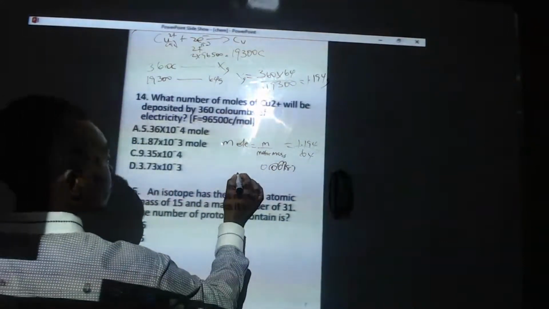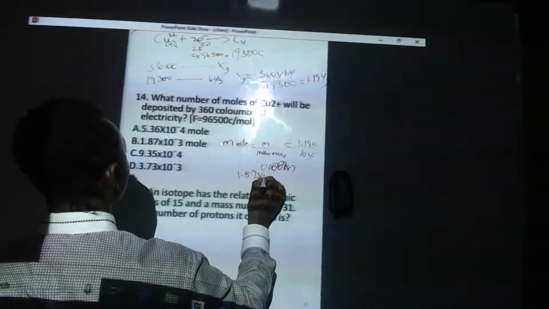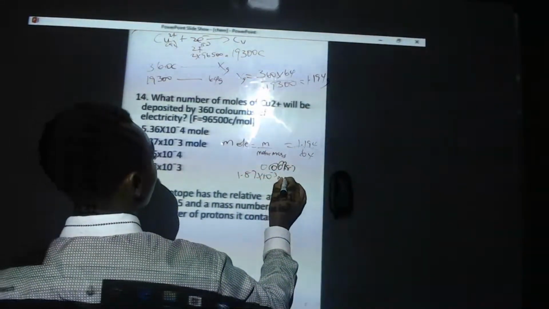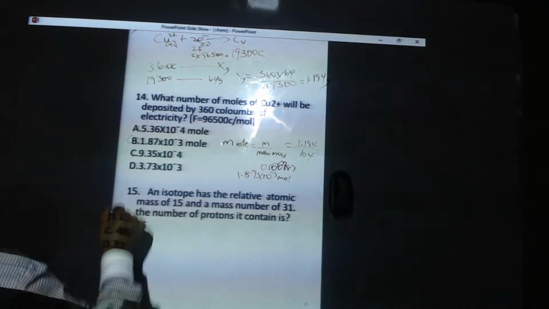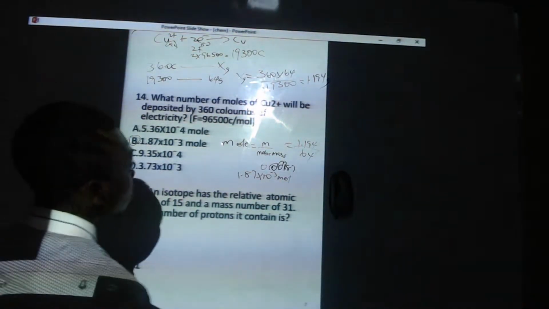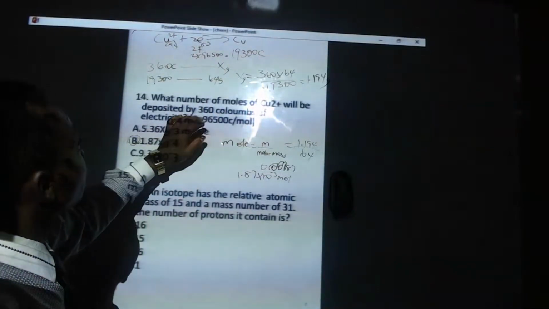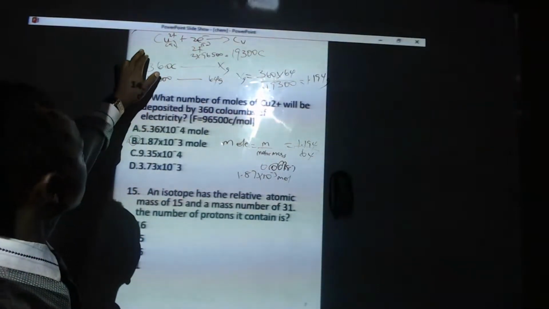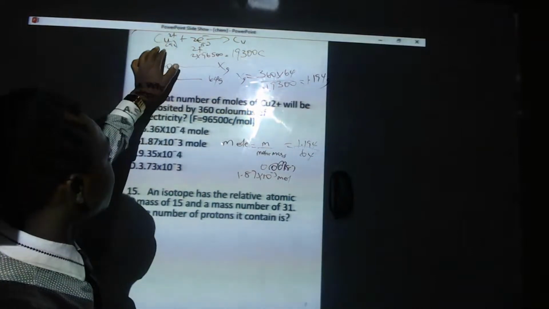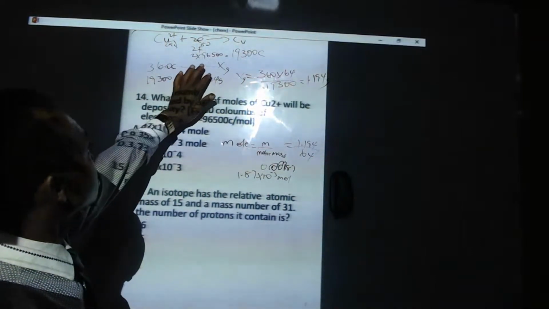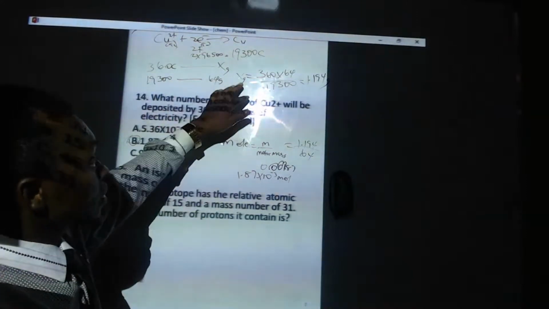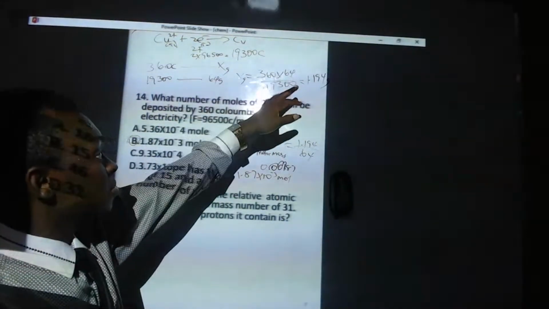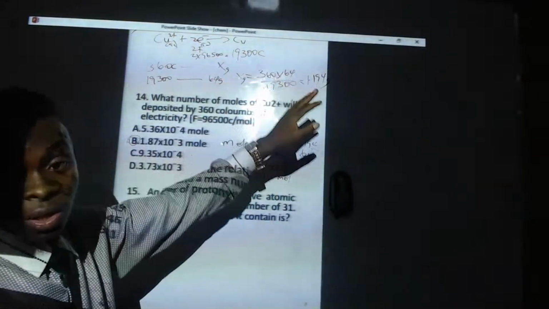So that gives you 1.87 times 10 to the power of minus 3 moles as our answer. Once you've been given your current, the next thing is just to write down the ratio: 360 coulombs is to x grams, 193000 coulombs is to 64 grams. So x is 360 times 64 over 193000.